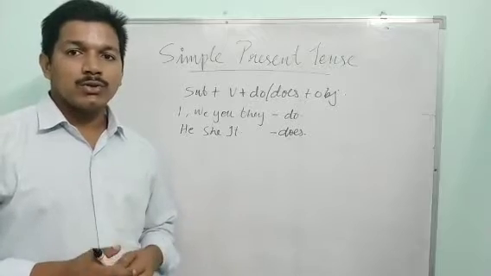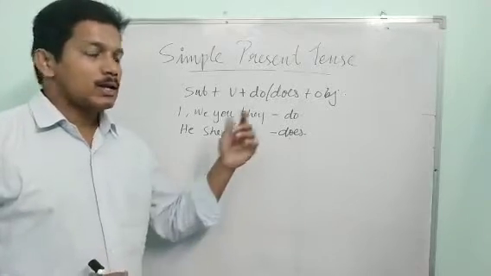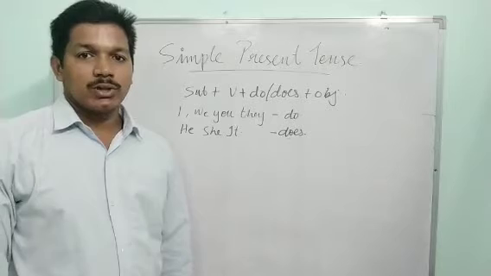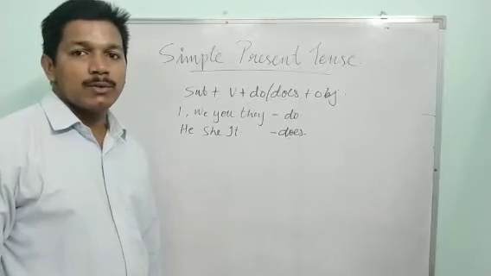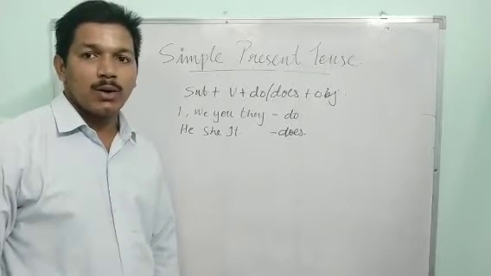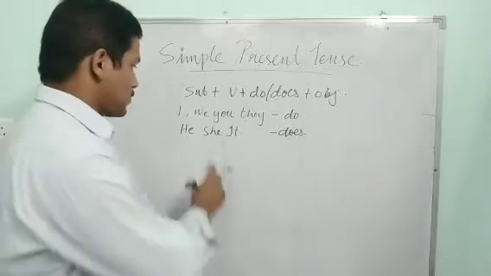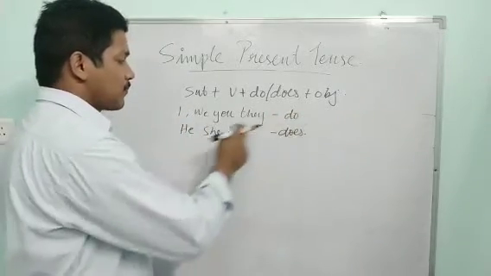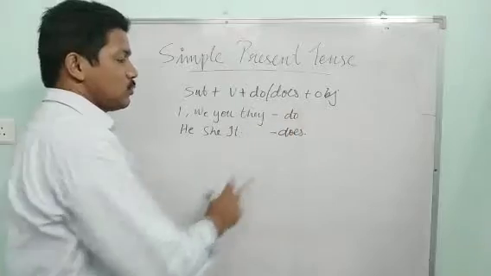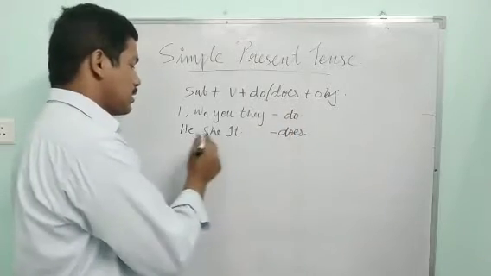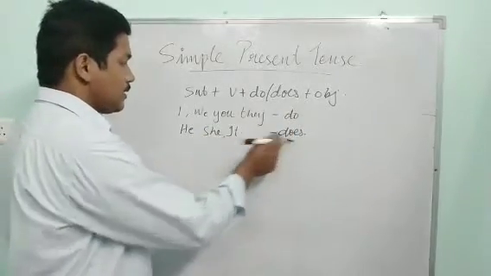So looking at the verb or the auxiliary verb used, we can understand what the tense of the sentence is. If the subject is I, we, you, they, then do is used, and if he, she, it is there, then does is used.